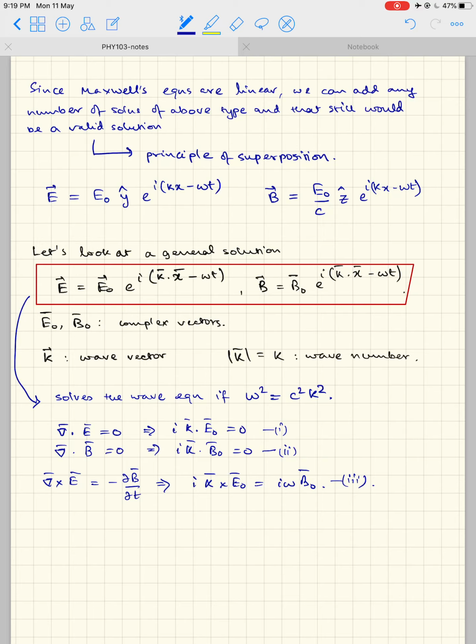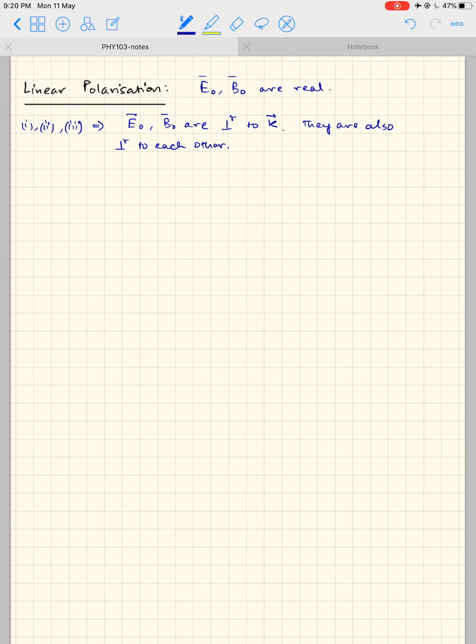K is perpendicular to E naught by the first equation, k is perpendicular to B naught by the second equation, and k cross E naught being proportional to B naught means that E naught is also perpendicular to B naught. So these three vectors form a right-handed orthogonal triad.